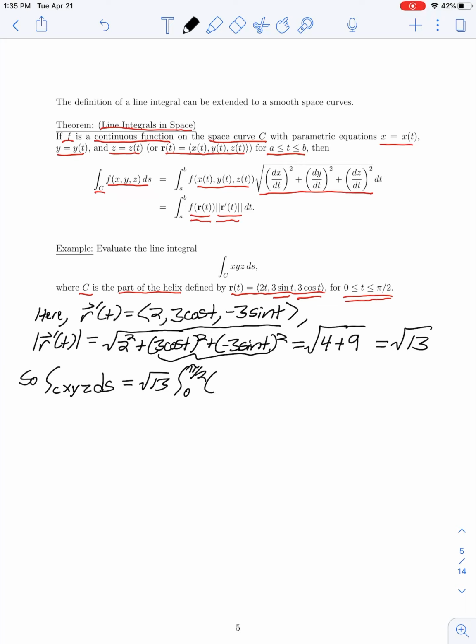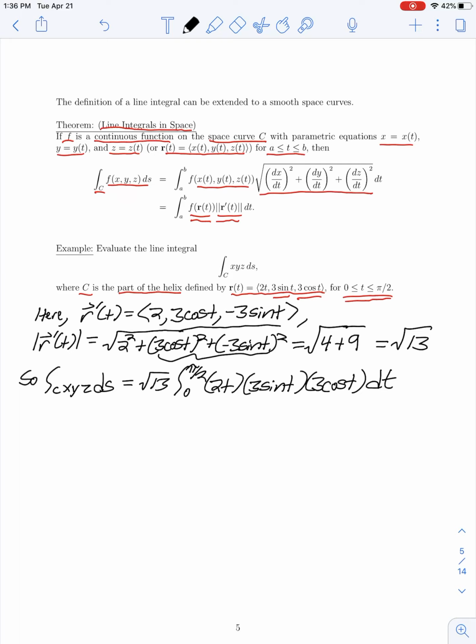Now here, the x component of our vector function was 2t. Y is given by 3 sine of t, times z, which is 3 cosine of t, times our magnitude of r prime, which was the square root of 13 we pulled out in front, times dt.